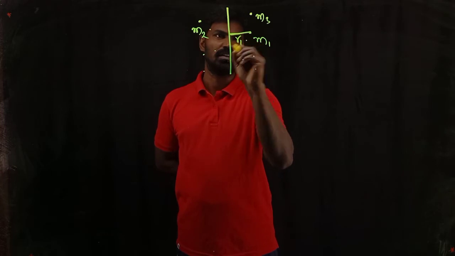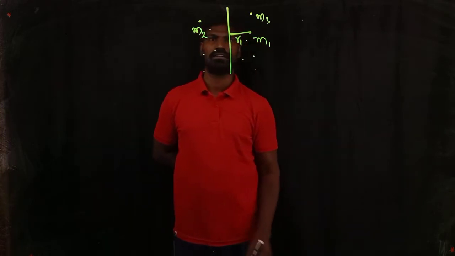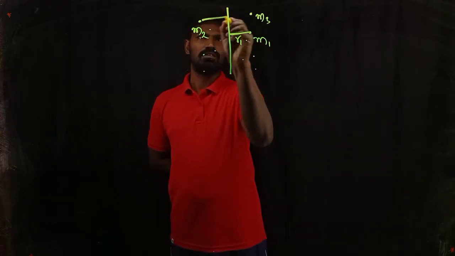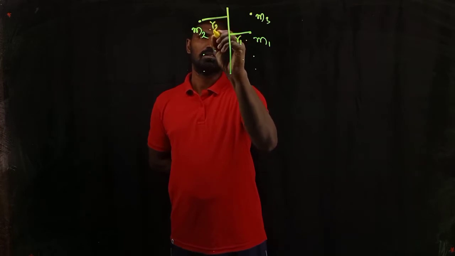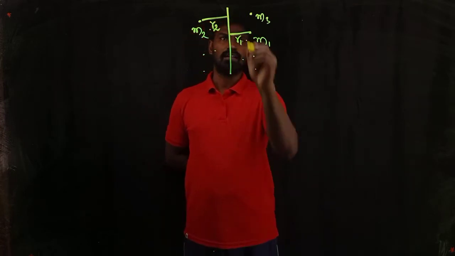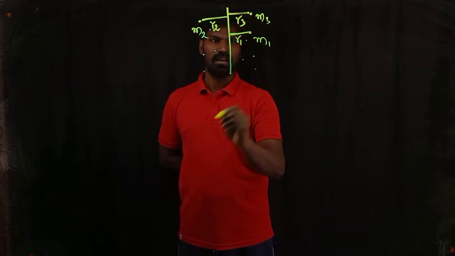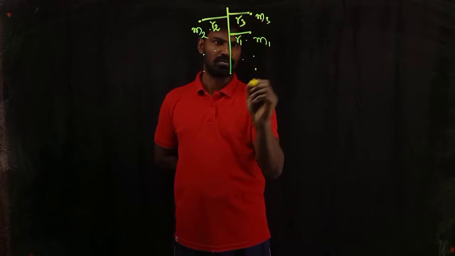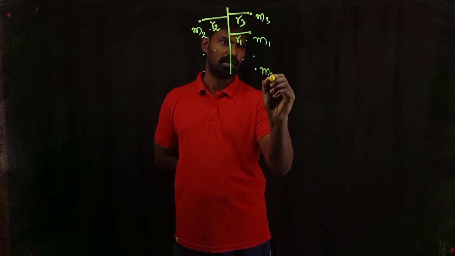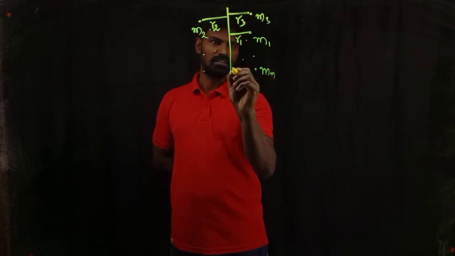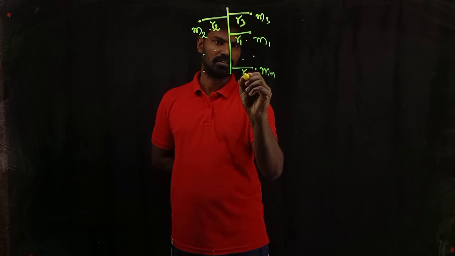Let me call r1 the distance of m1, r2 the perpendicular distance of m2, and similarly r3. Like that, for the nth particle, its mass is mn and its distance I am taking as rn.